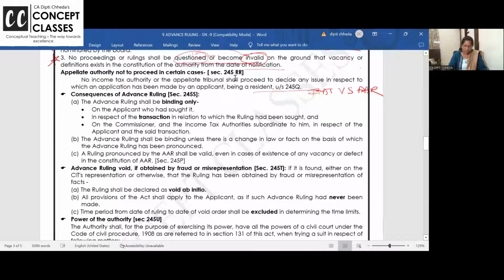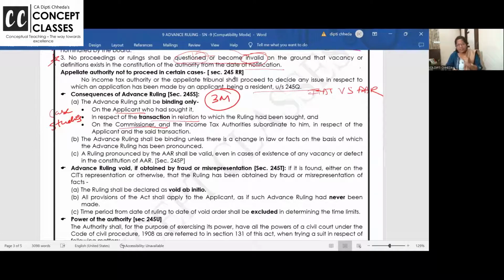Now, consequence of advance ruling. Advance ruling decisions are binding on the applicant in respect of the transaction in relation to which ruling is sought, and on the commissioner. Can't say how many case studies they have been asking for years, and such beautiful 3 mark, such easy questions they ask.